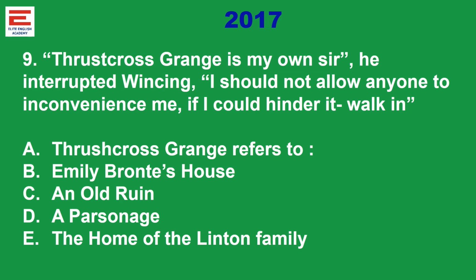So first we have to understand this particular question is from Wuthering Heights. Thrushcross Grange is the famous home that belongs to the Linton family. Please understand, the options are relatively easy. Those who are familiar with Wuthering Heights should be familiar with this particular line.